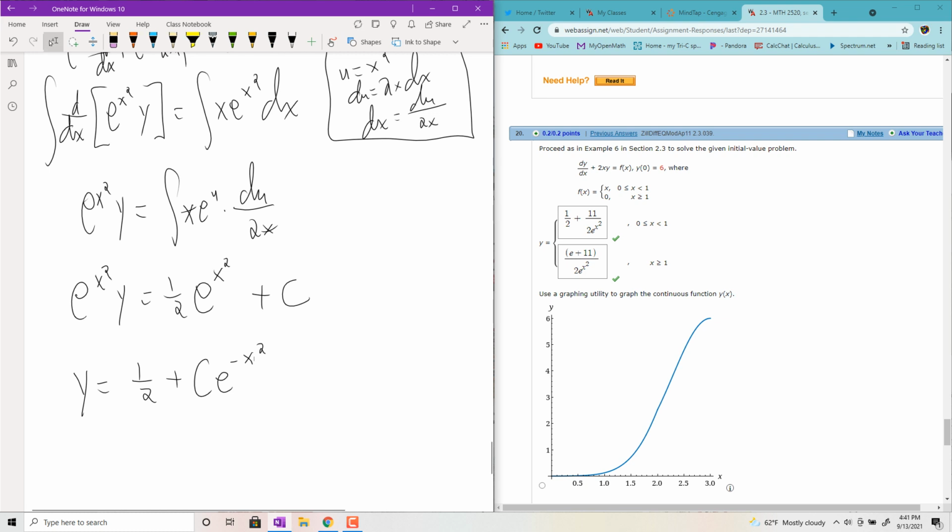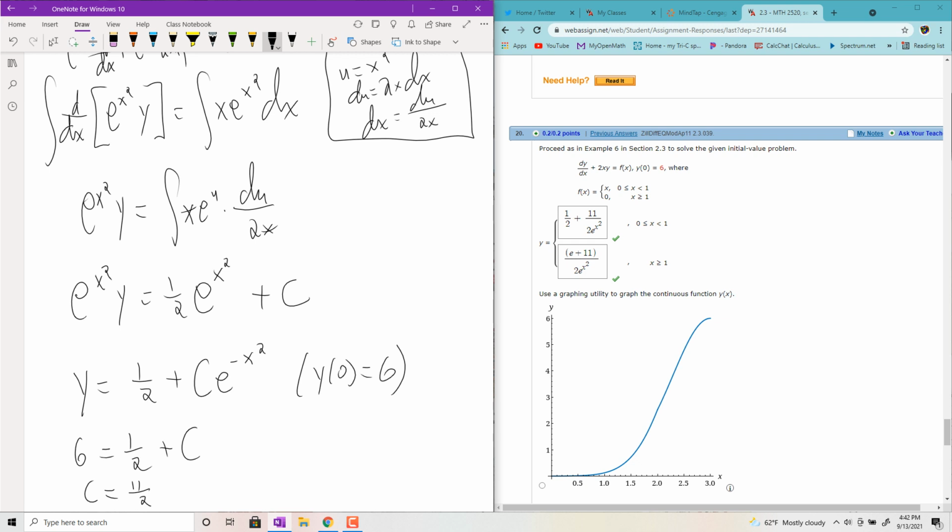Right, we want y of 0 to equal 6. So we use this to solve for c initially, so 6 for y, and then 0 for x. So I get c e to the 0 is just c. And so c will equal 12 halves minus 1 halves is 11 halves.